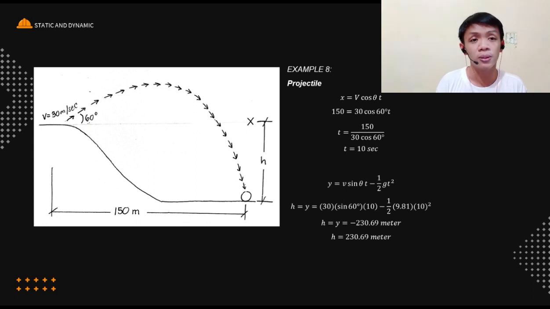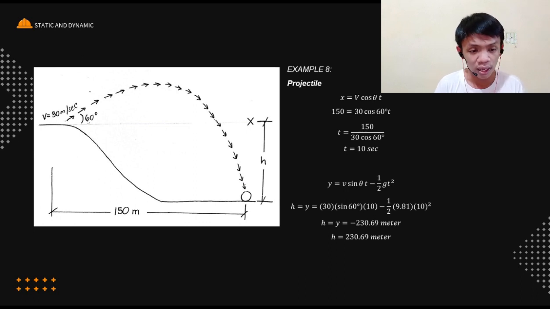After that, we will use Formula 3 to identify the distance, or how high the hill is. We will use the formula y equals v sine theta multiplied by t minus 1/2 g t squared. So h equals y, which is also equal to 30 multiplied by sine 60 degrees multiplied by 10, which is our time, minus 1/2 multiplied by g, which is our gravitational acceleration, 9.81, multiplied by 10 squared.